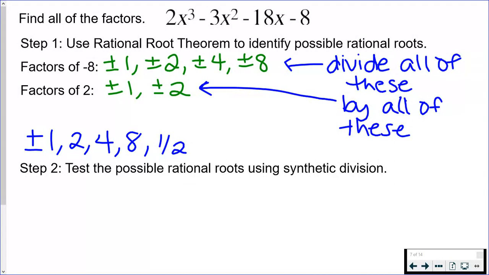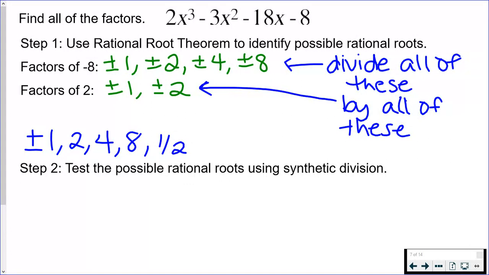But what I just wrote is all possible roots for this polynomial. So if you have a question that says list all possible rational roots, that would be your answer. Now what I'm going to do is test these rational roots until I get a remainder of 0 using synthetic division.